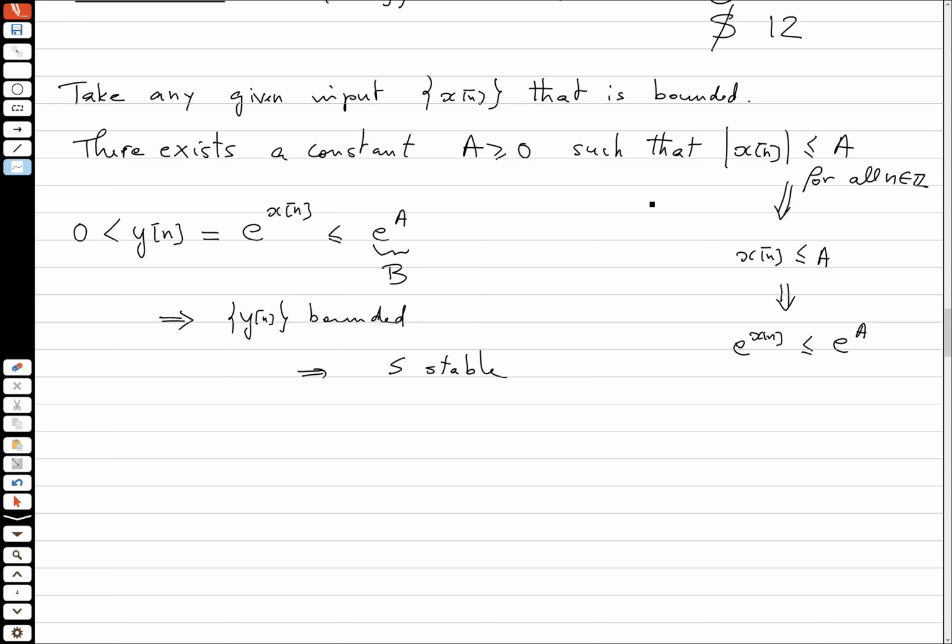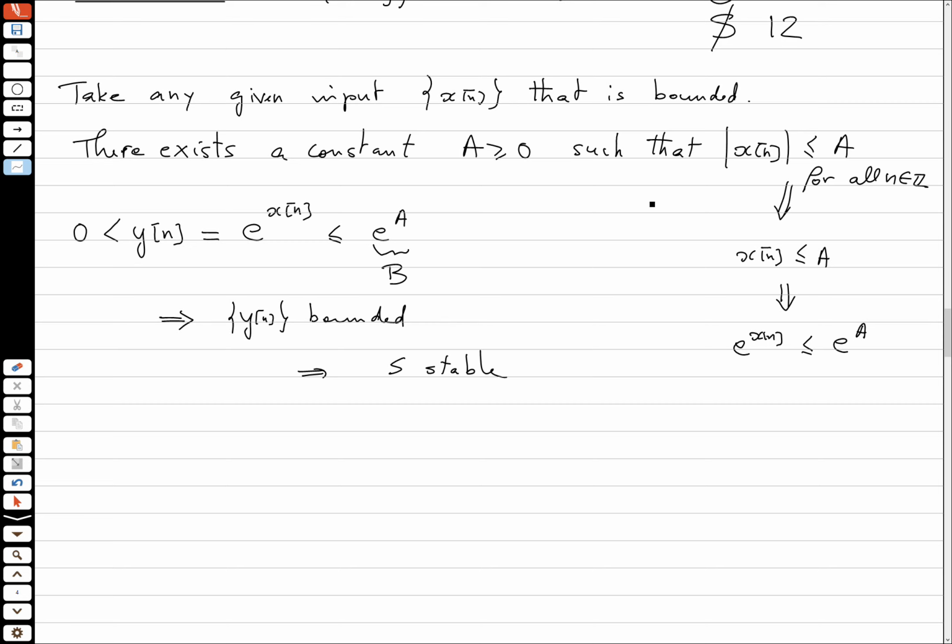Exponential of A is always finite. Always finite. A is a number. As soon as you take a sequence that is bounded, there's a value of A. I'm not telling you how much, but there's one value of A that corresponds to x of n.